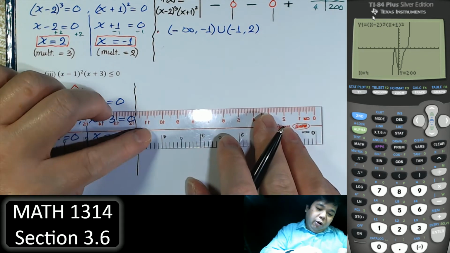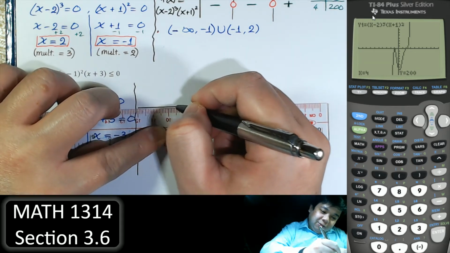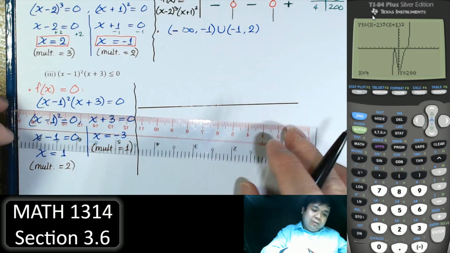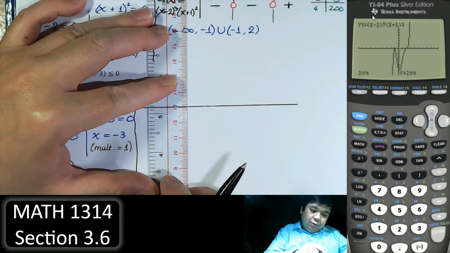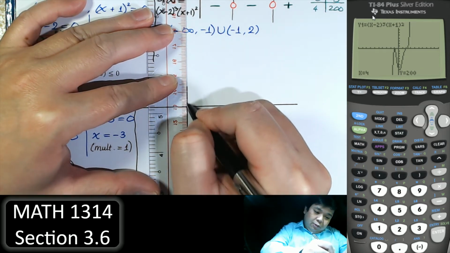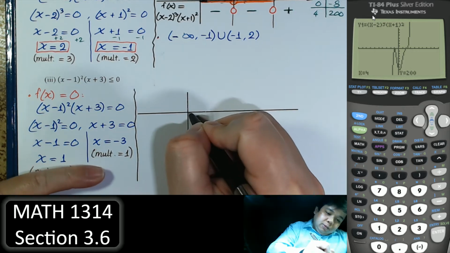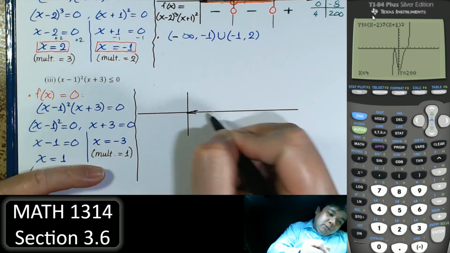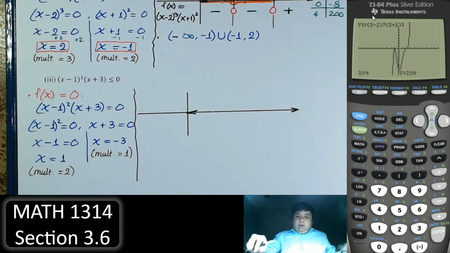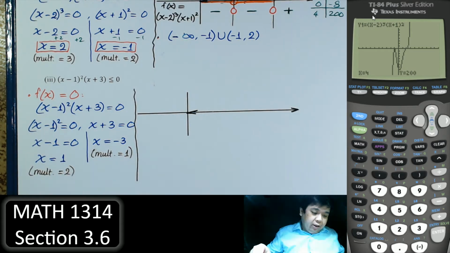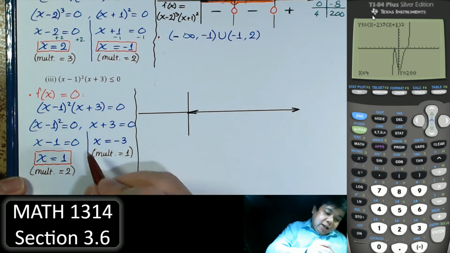Right, draw a number line. Here we have x equal to 1 and x equal to -3.